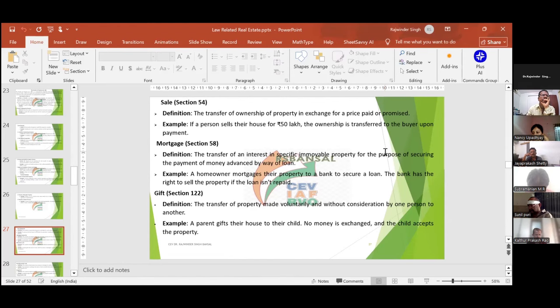When you transfer a property by outright sale, it means whatever interest the seller was having, all of it will be transferred to the buyer. But in case of lease, only those rights which are mentioned in the lease deed are transferred to the lessee. Friends, it is a very important concept to be learned.